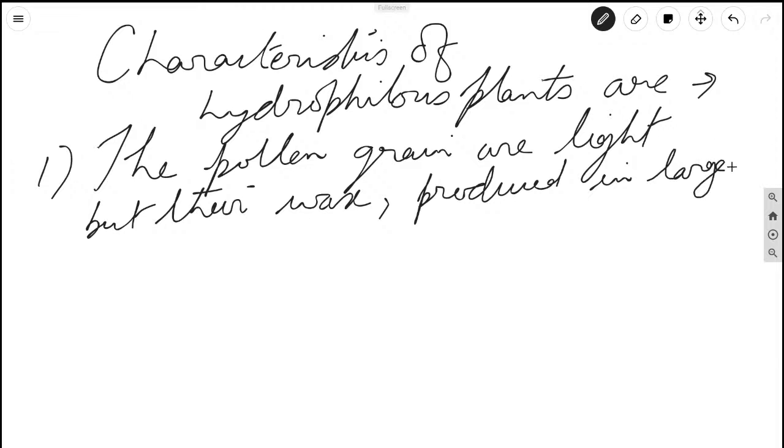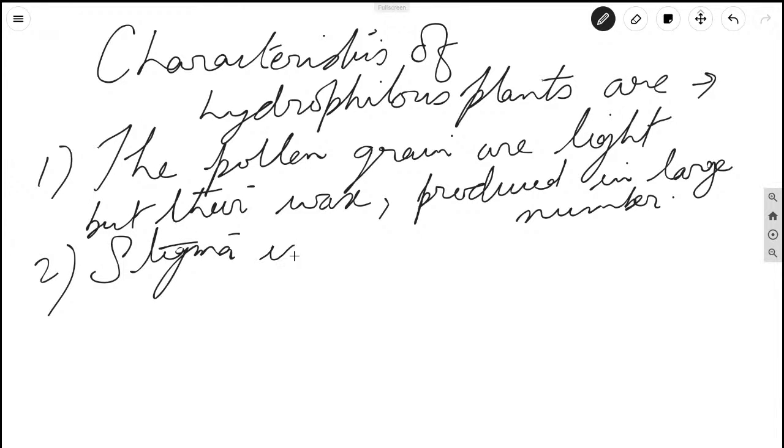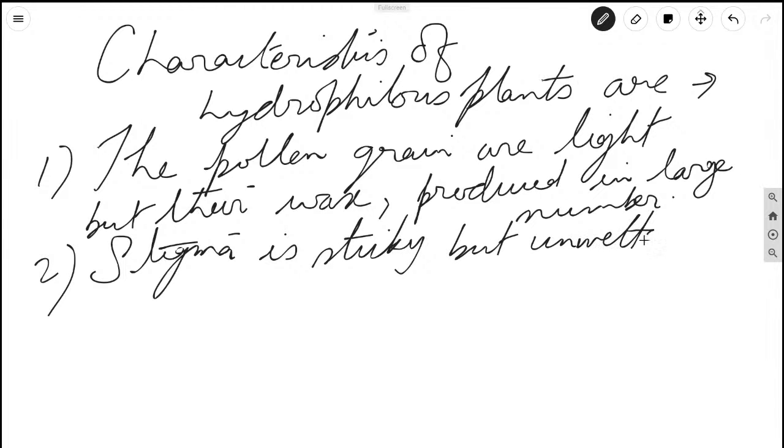Number two, the stigma is sticky yet unwettable.